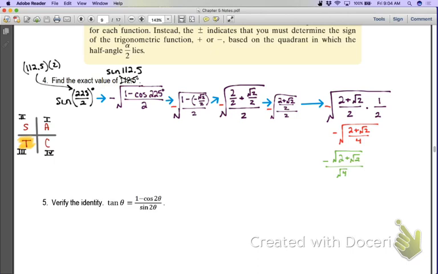Just going to become a 2. Okay. So then my final answer is just going to be negative the square root of 2 plus the square root of 2, all over 2.